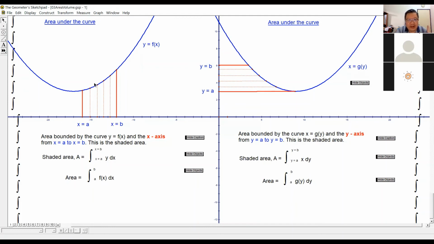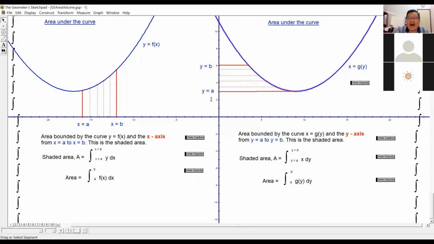Between the graph and the x-axis, everything is in terms of x. The upper and lower limits are values of x. The f(x) is a function of x. That means you have to express all of them in terms of x, and you have to integrate with respect to x.